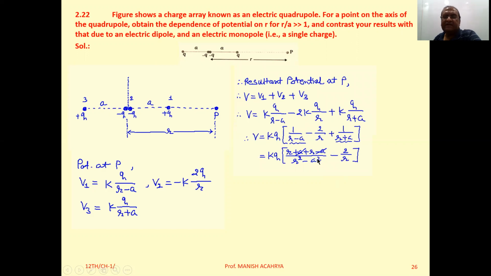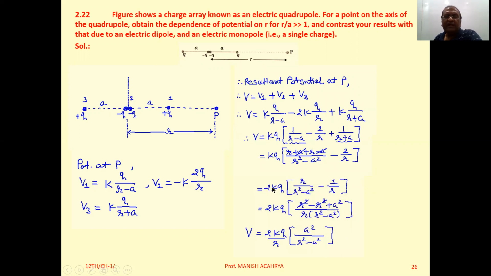Now a is cancelled, so we get in the numerator r plus r, that is 2r, and in the second term 2 is also there. So take 2 common outside the bracket. So 2kq now into bracket, r upon r square minus a square minus 1 upon r. Again simplify this bracket by taking LCM.